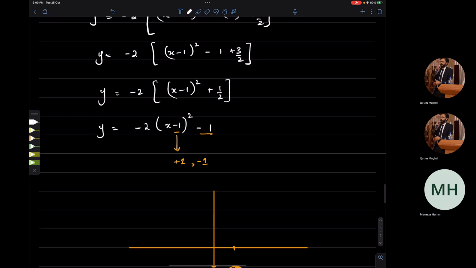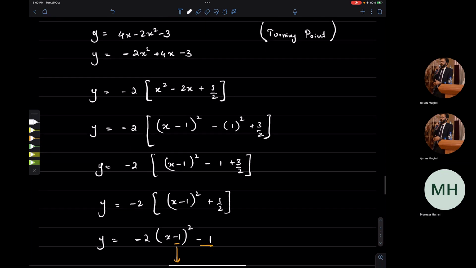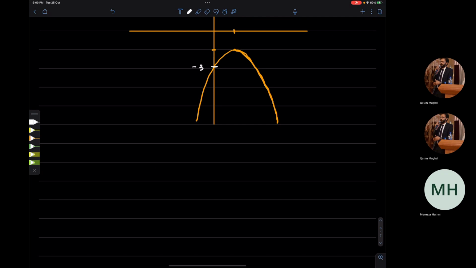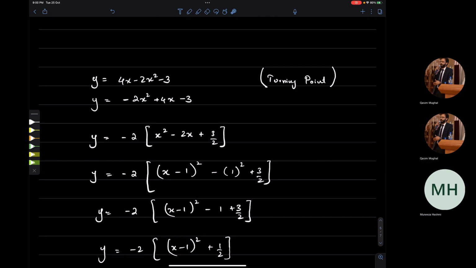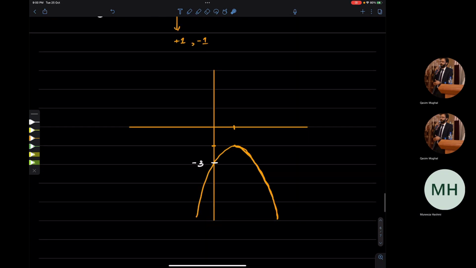Now the y-intercept would be negative 3. If you look up here, okay, it's going to be negative 3, and the turning point is 1 and minus 1.